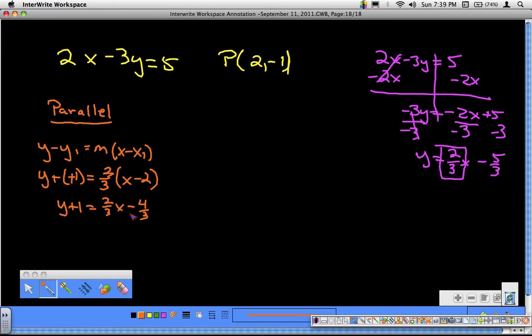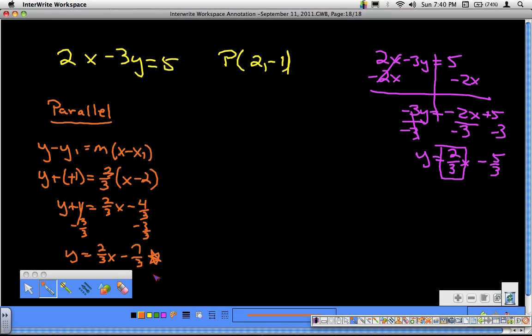Then if we subtract 1, we need a common denominator, so we're actually going to subtract 3/3 from each side. So that cancels, and we're left with y equals 2/3 x minus 7/3. So what we actually just found was this line will be parallel to the original line, but our new line will also run through point (2, -1).